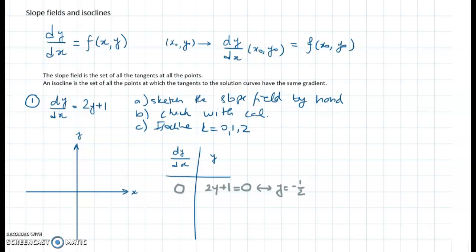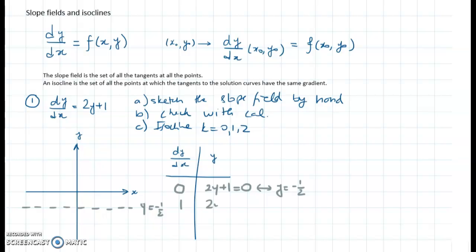So it doesn't depend on the value of x, it just depends on the value of y. Let's draw over here. All these points over here are in the line y equals negative 1/2, and in all these points we are going to have derivative 0 for the solution of our differential equation.